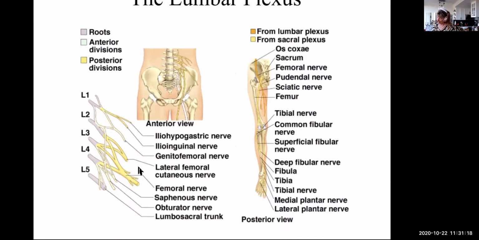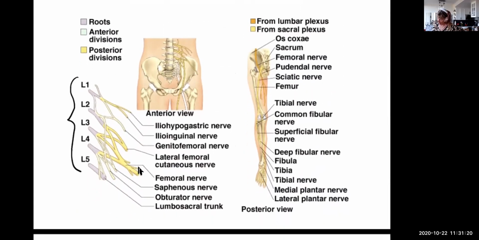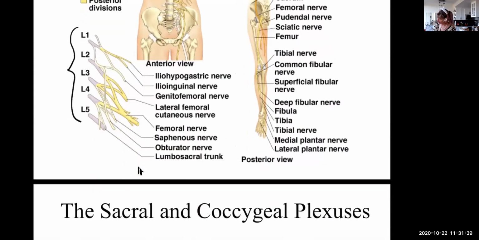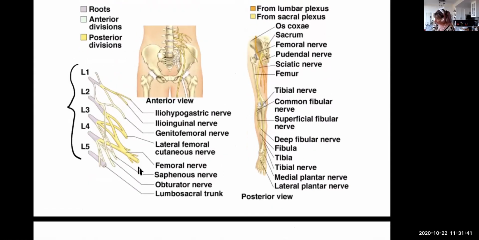The lumbar plexus originates from L1 to L5. The lumbar plexus: sensory and motor innervation of the skin, joints, and muscles of the abdominal wall, male and female genitalia. I can write that down as well.